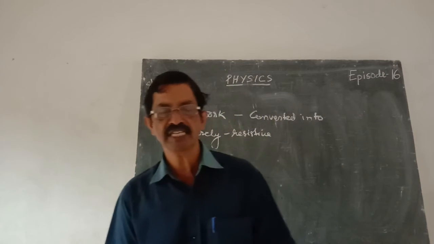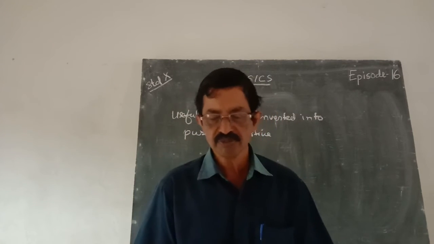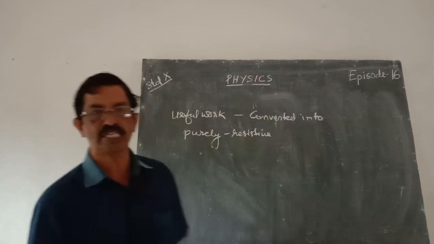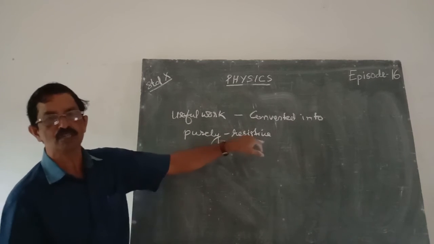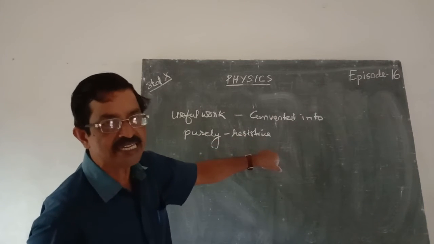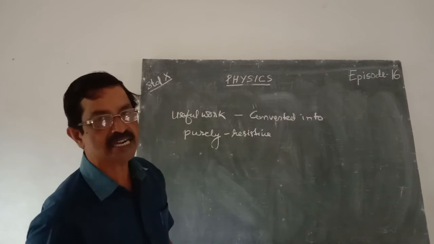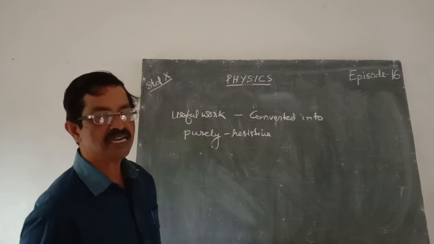What is the heating effect of electric current? If the circuit is purely resistive, the electrical energy given to it is converted into heat, and that is called the heating effect of electric current.